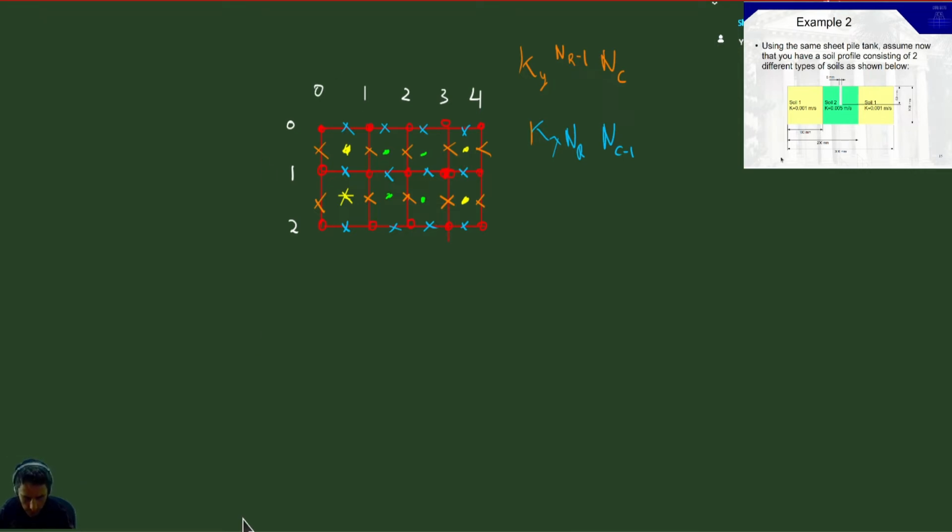I think I have mislabeled the sheets, right? Because this one is average. This one is actually Kx, right? It's the average of the two lateral neighbors. So that's actually Kx. Yeah, Kx.